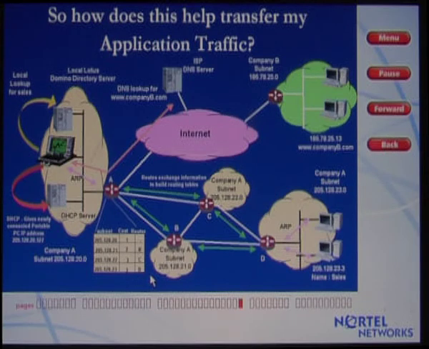This server returns the IP address 186.78.25.13 to the Domino server, who passes the address back to the user. The user's browser now creates the necessary HTTP messages in IP packets addressed to 186.78.25.13, which are routed into the Internet via router A.